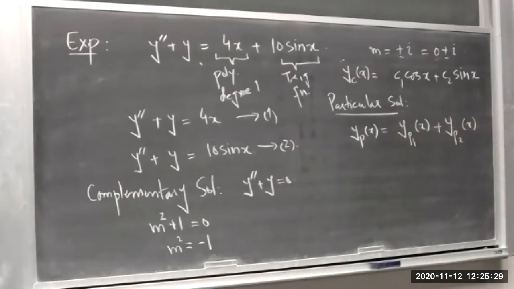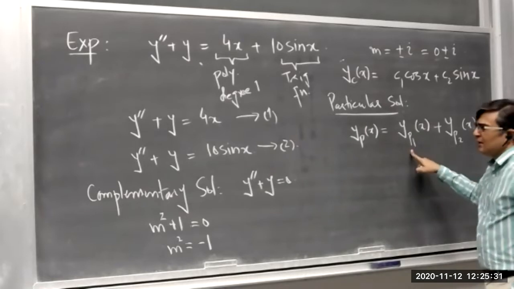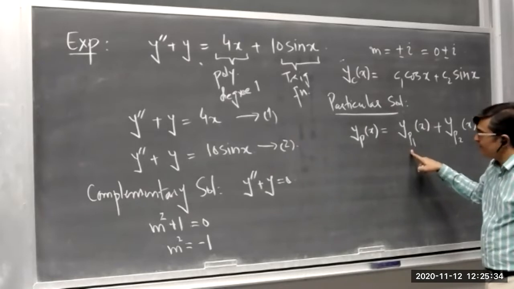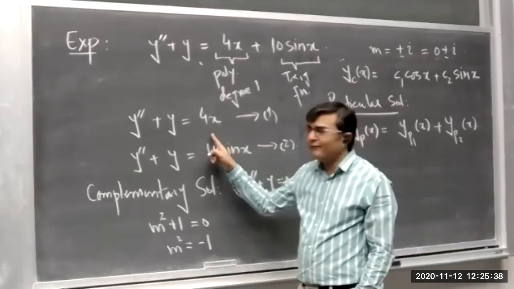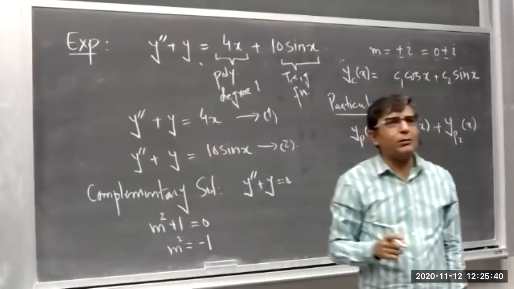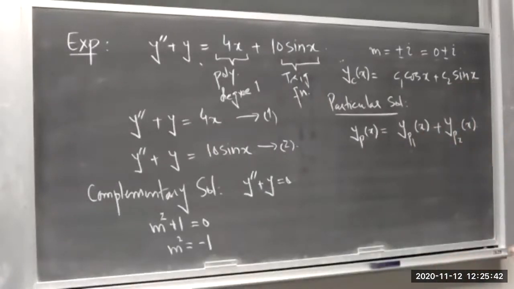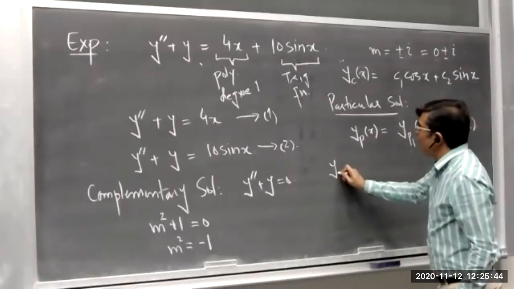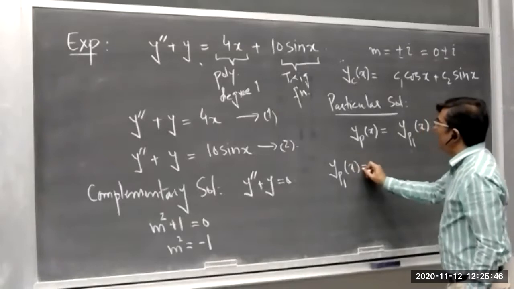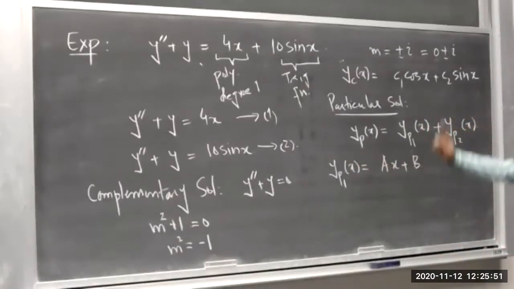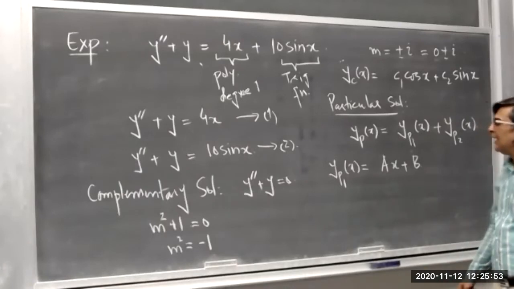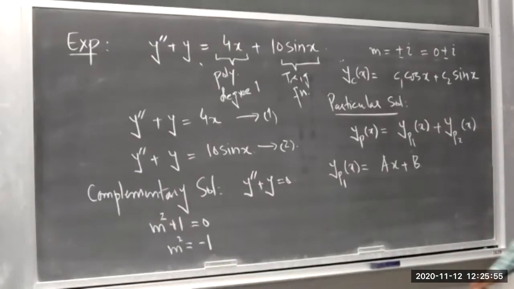Now, what will be P1? How can we assume it? We know that the right-hand side function is a polynomial function of degree 1. So P1 of x will be a times x plus b.